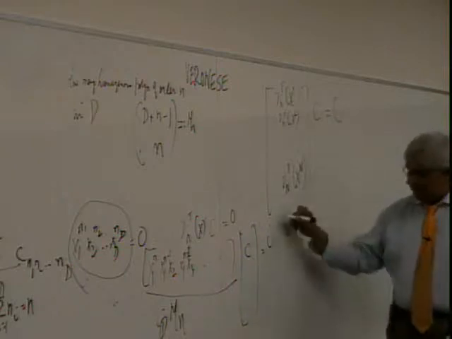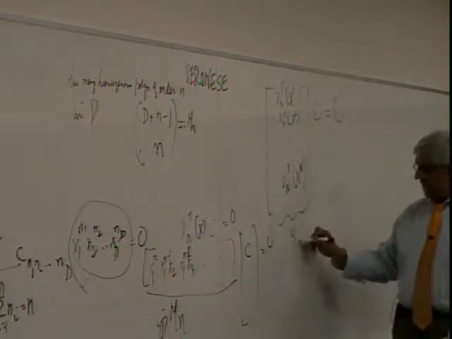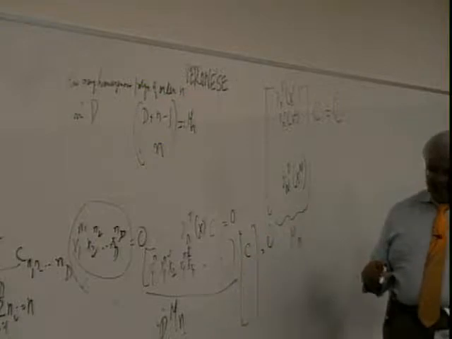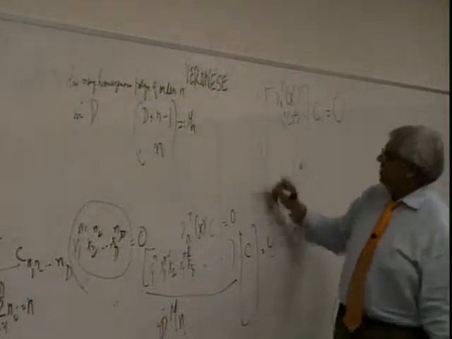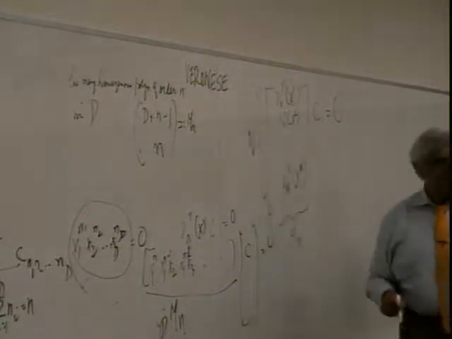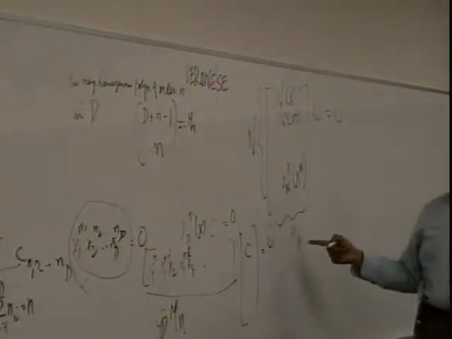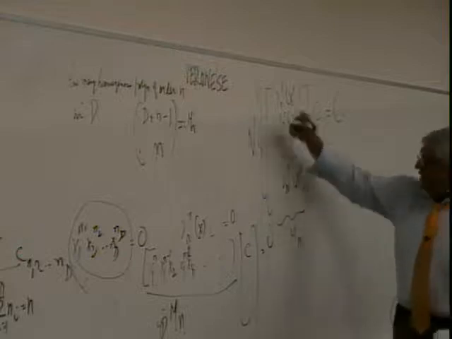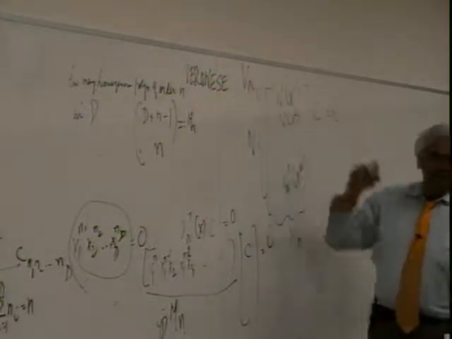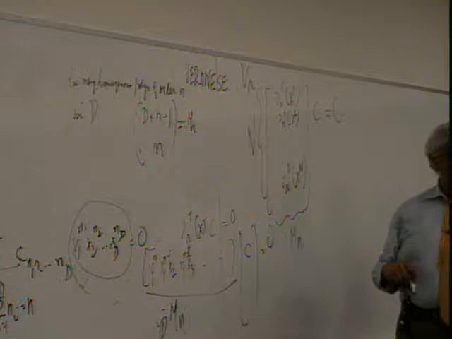Now the dimension of this matrix is capital N by m sub n. You don't know what m sub n is, but you keep building. So let's call this, just in analogy with the previous one, capital V sub n.